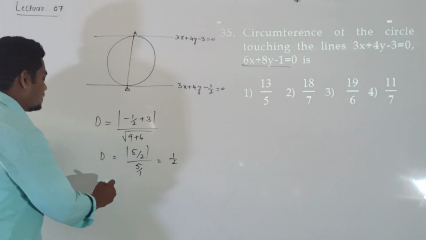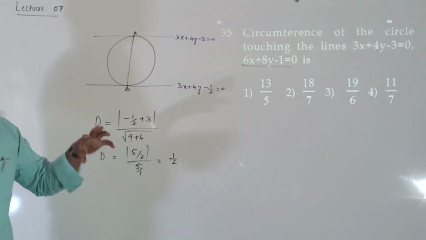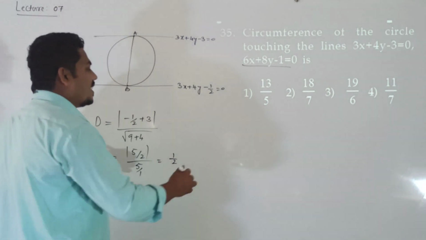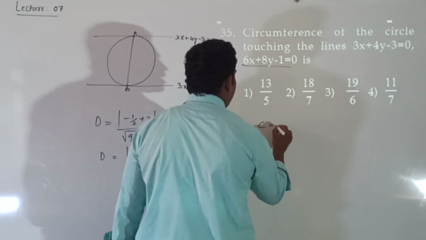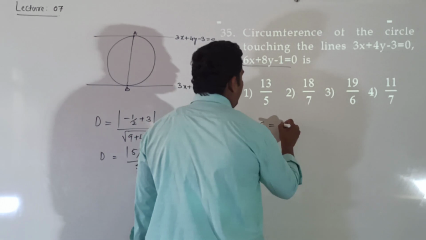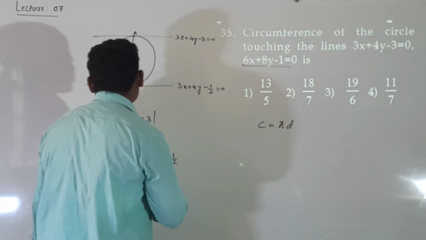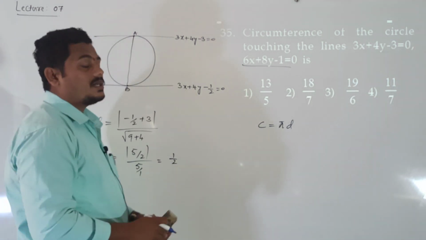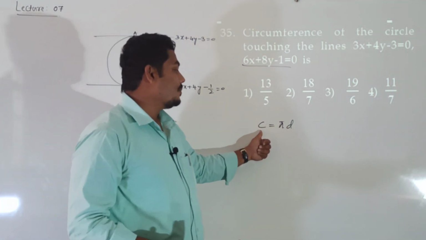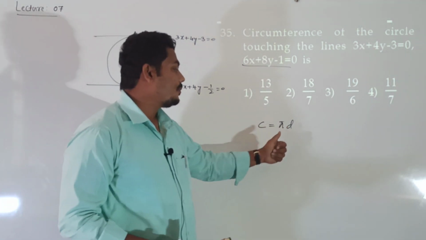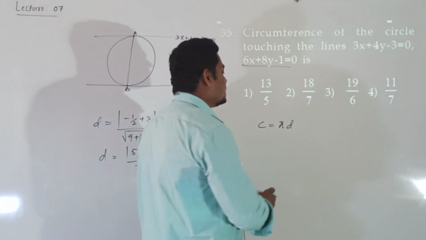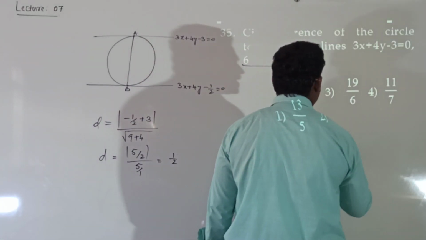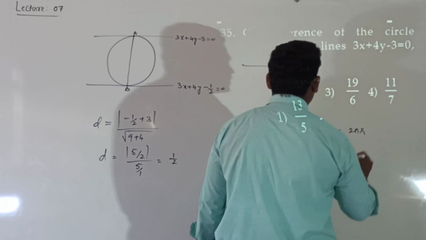Then what is the radius? Or by using the diameter we can find the circumference. For finding the circumference of the circle we have two formulas: pi into d, where d is the diameter, or circumference C is equal to 2 pi r.